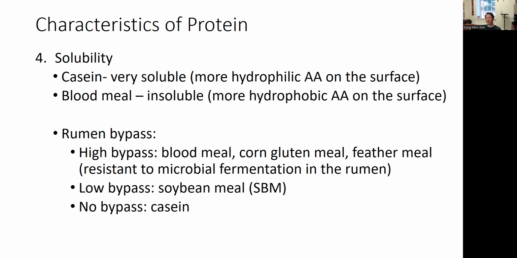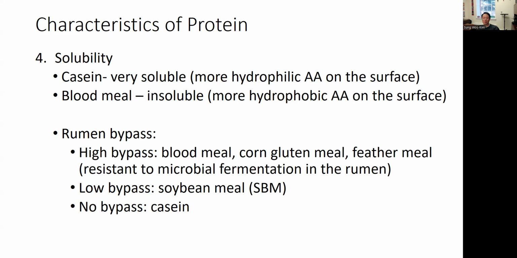Okay, casein is very soluble. Why? Because if you look at the three-dimensional structure of casein, made of a sequence of amino acids, there are more hydrophilic amino acids found on the surface of this 3D structure. Compared to blood meal, known to be highly insoluble, you can find more hydrophobic amino acids on the surface.